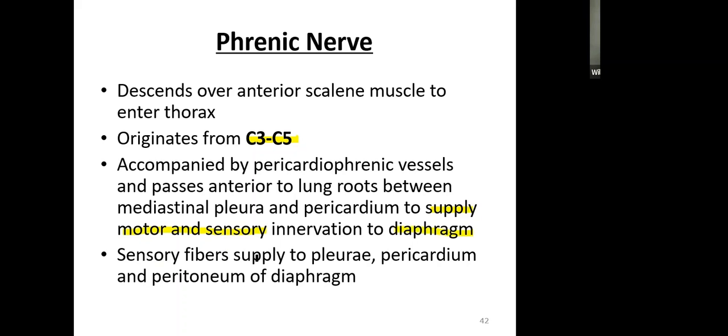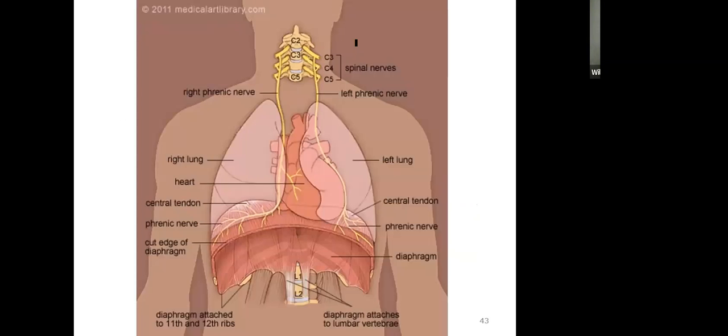The sensory fibers supply the pleura, pericardium, and the peritoneum of the diaphragm. So this is the phrenic nerve, really, really important phrenic nerve.